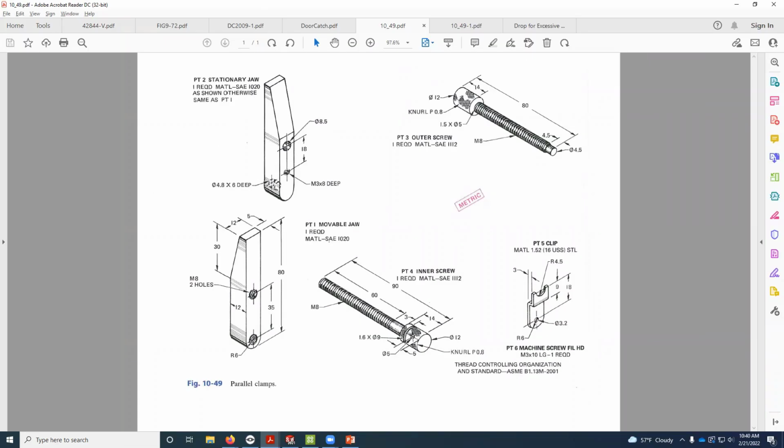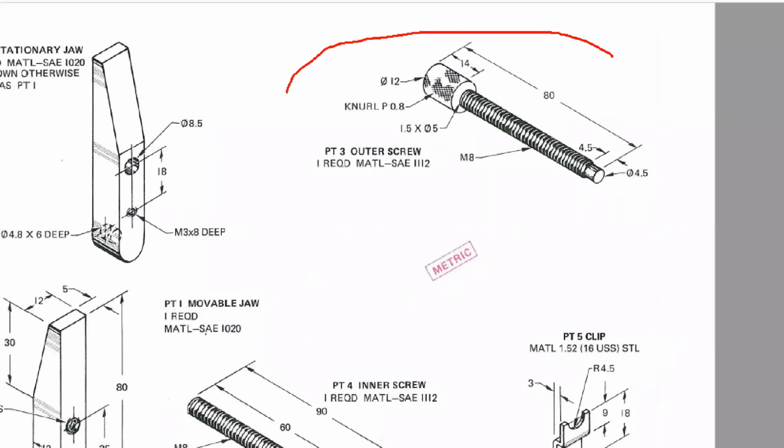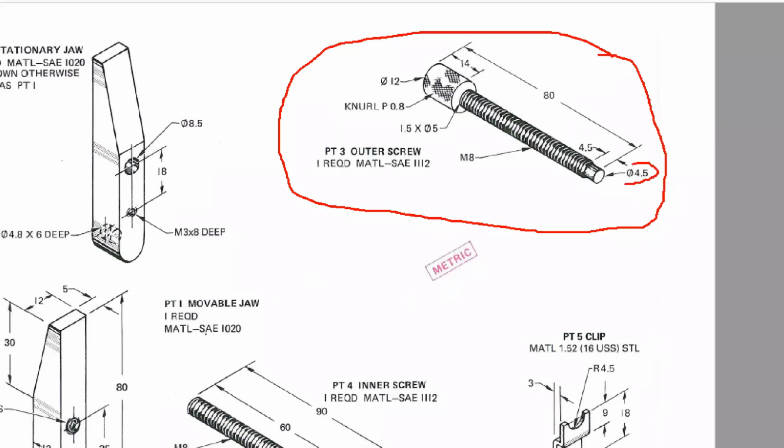So let's see, part 3 here. This end actually has a diameter of 4.5, right? What should the diameter of this part of it be? 8, right? Does everybody understand that? So that's threaded. This is what's called an undercut note.